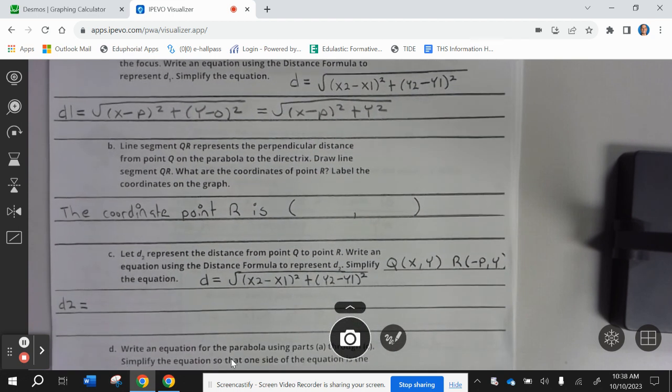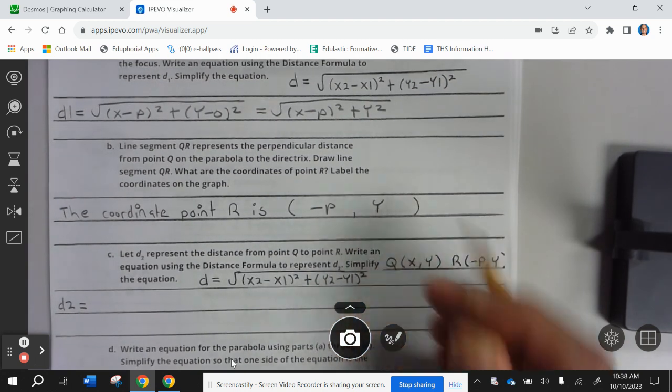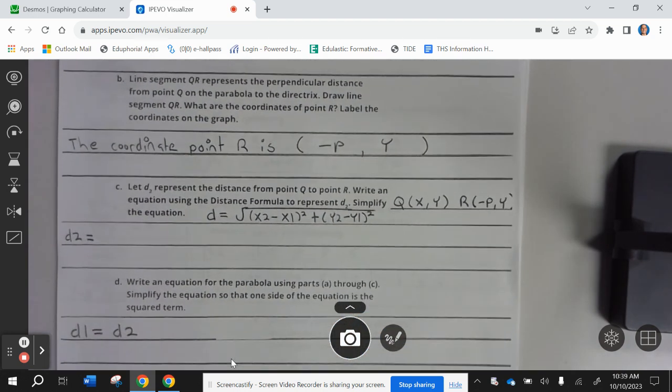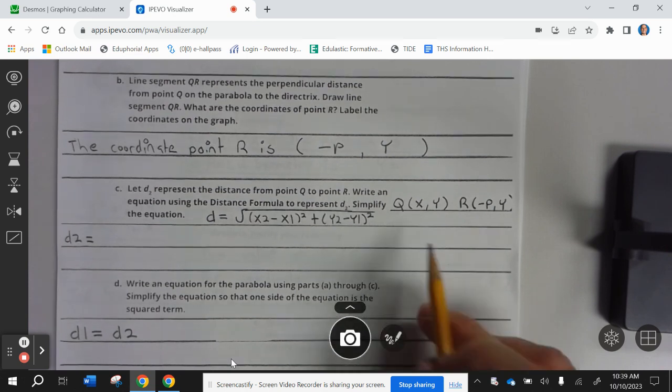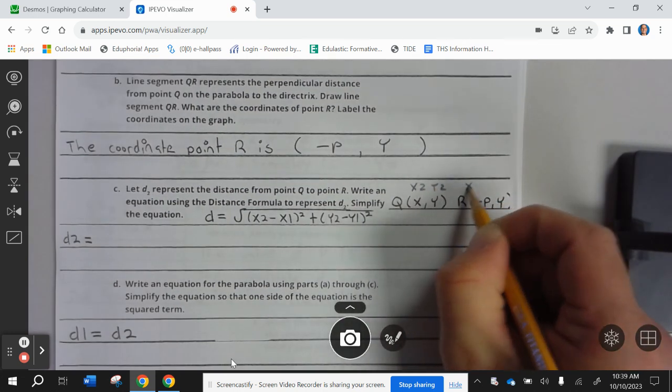Line segment QR represents the perpendicular distance from point Q on the parabola to the directrix. Draw a line segment QR. What are the coordinates of the point R? Label the coordinates on this graph. So the coordinate point R is (negative p, y). C. d2 represents the distance from point Q to point R. Write an equation using the distance formula to represent d2. Simplify. So we have Q and R, so this is x2, y2, x1, y1.